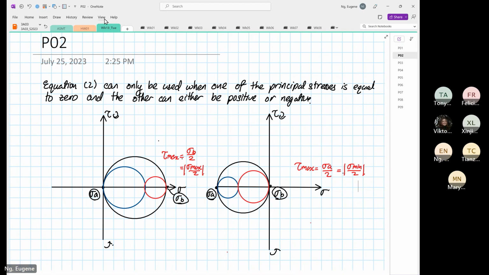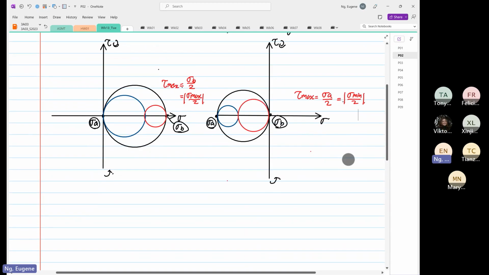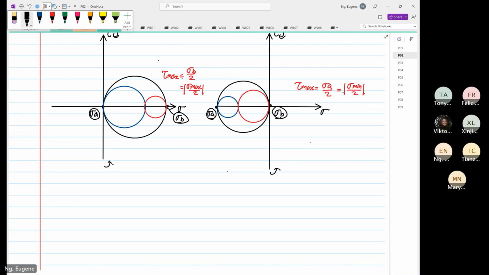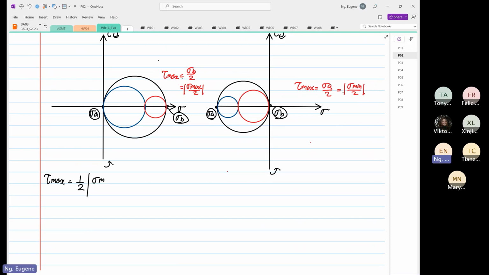If it's not in this condition, then we have to have another form of the expression of Tresca, which is tau max equal to half the absolute value of stress max minus stress min. So this is equation number 3.